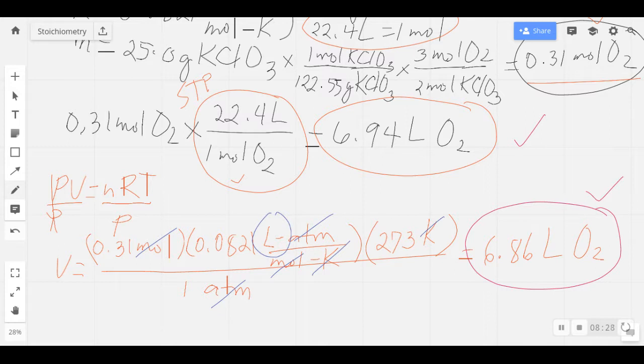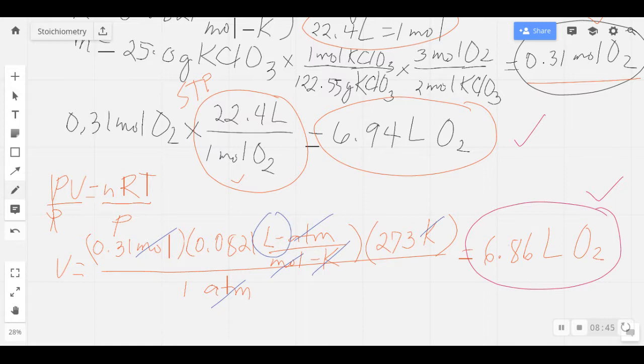Now you see, the answers have a little difference between this and that. But nevertheless, both solutions are correct. It's just that for the STP direct conversion, the 22.4 is kind of rounded off. So that's why it's kind of far from your ideal gas law answer. But nevertheless, both approaches are correct.